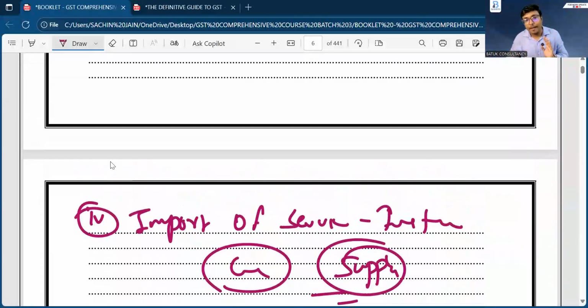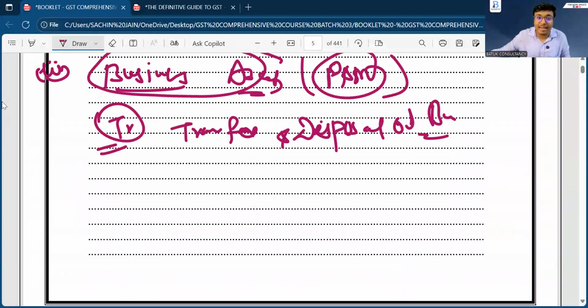Now, sir, one point I want to discuss regarding this business transfer. Government is saying when you are going for the business assets transfer or disposal, whether for a consideration or no consideration, it will be treated as supply.